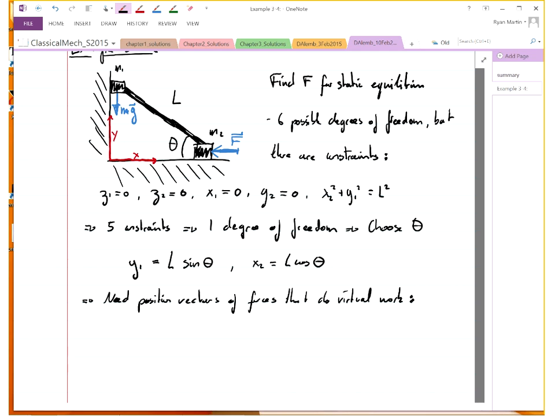So I've drawn the only two forces that can do virtual work, which are the weight of M1 and the force that's applied on M2.